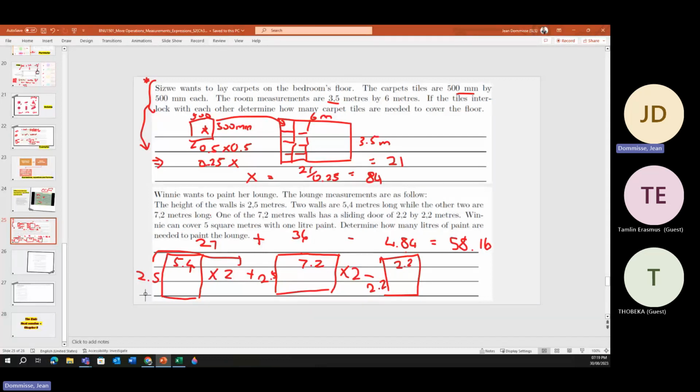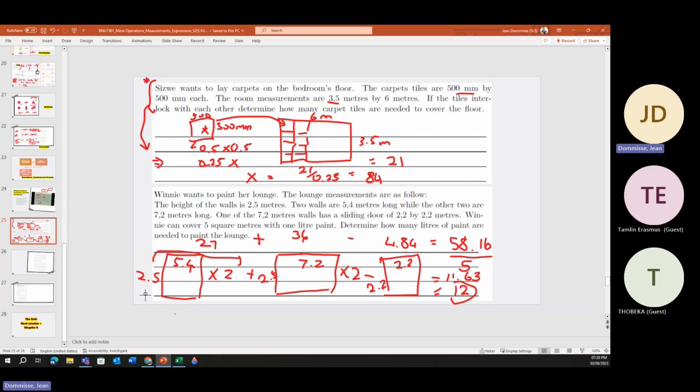I say she can cover 5 meters per 1 liter. So 58.16 divided by 5 will tell us how many liters she needs. So she needs 11.63. You can't work with a 0.63, so round it to the nearest liter. So she needs 12 liters of paint to cover that area.